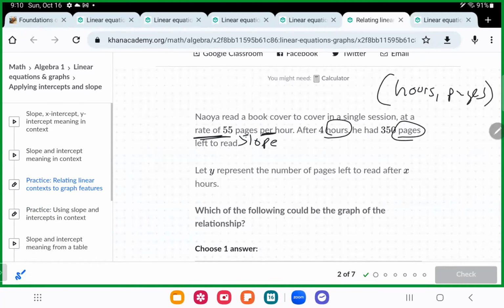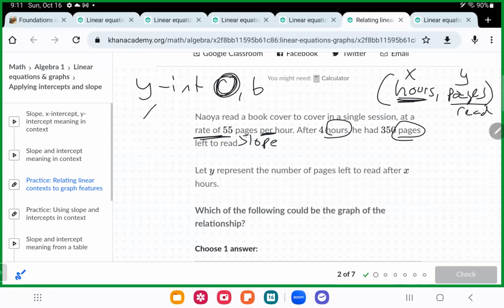So each ordered pair has an x value and a y value, and the x value represents a certain number of hours, and the y value represents a certain number of pages read, you know? Does that make sense? And one thing that I wrote but didn't really highlight is that the y-intercept is 0, b, and the x-intercept is a, 0.